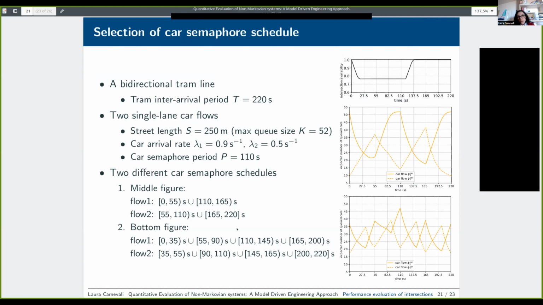And so in doing this, we reduce the duration of the red intervals for both the car flows. And so this permits to reduce the value of the peaks obtained by the expected number of queued cars over time. So with respect to the previous example, we have lower peaks, and so of course larger troughs.